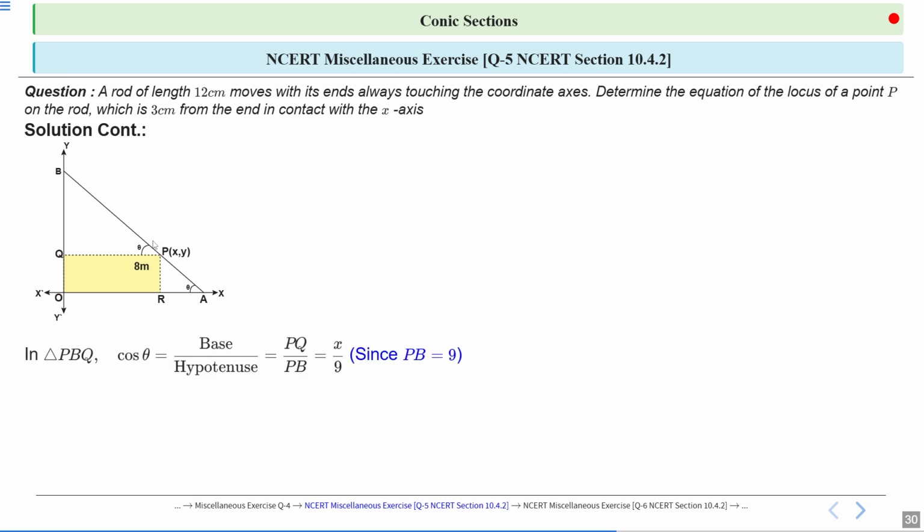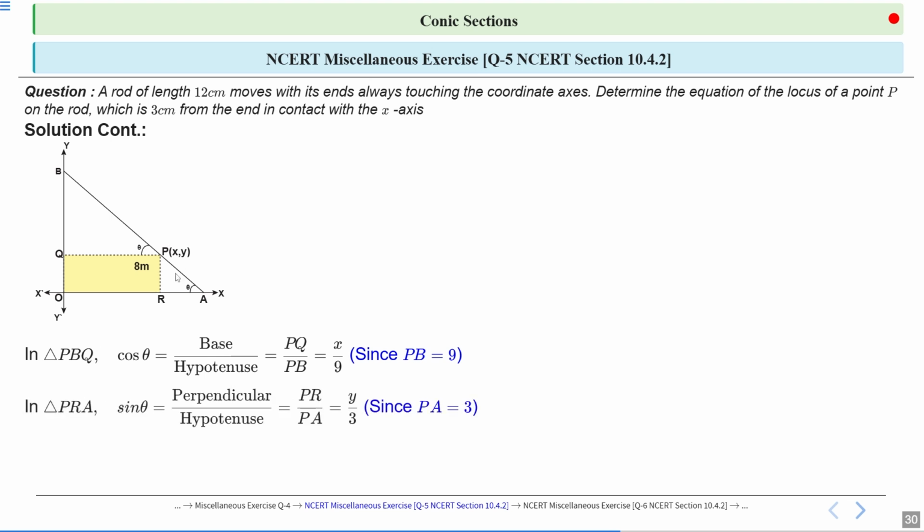In triangle PBQ, cos theta is equal to base upon hypotenuse. So base is here PQ, and hypotenuse is here PB. So PQ is x and PB is 9. So cos theta is equal to x upon 9.